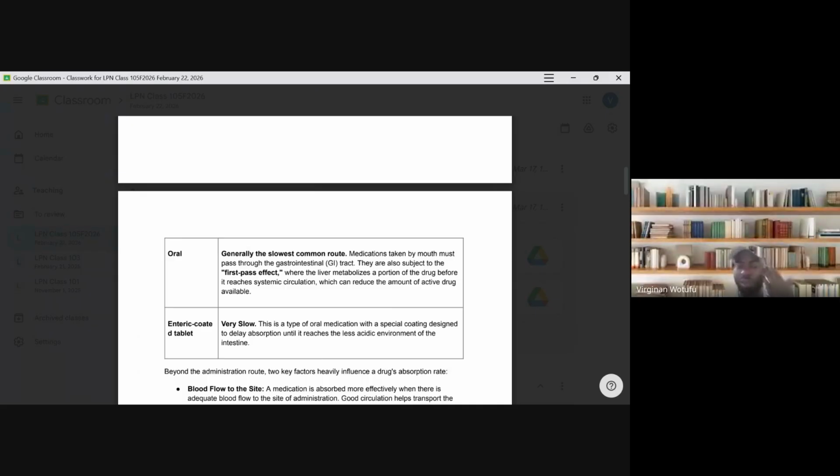Once you take them, they go to the stomach and are not broken down there directly. Like he said, the coating is designed to delay absorption until it reaches a less acidic environment like the intestines. So if you destroy the coating, that will be a problem.